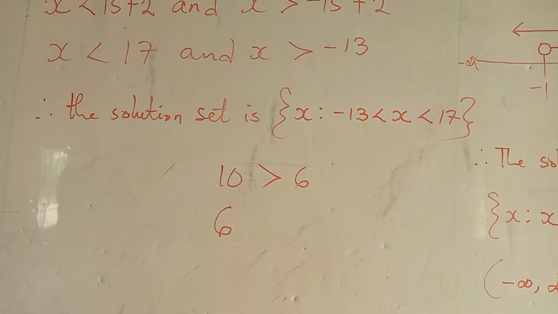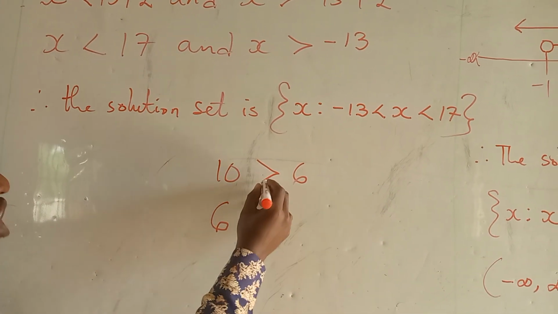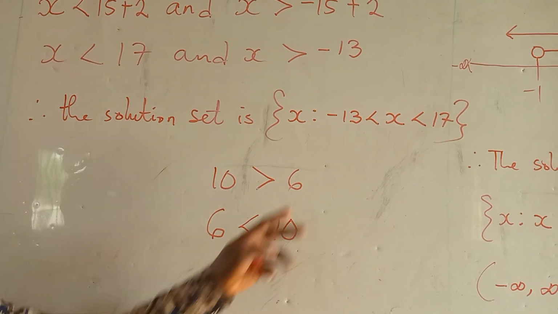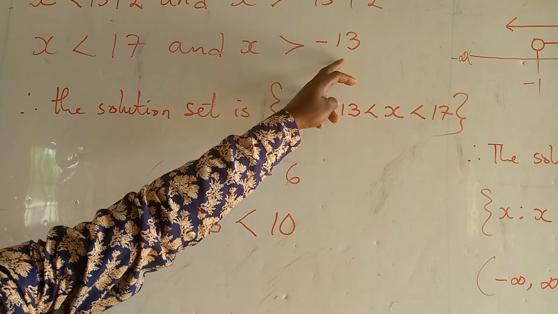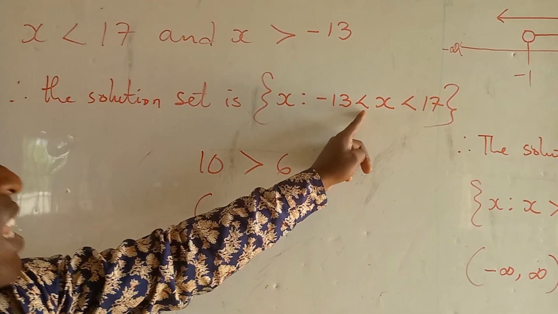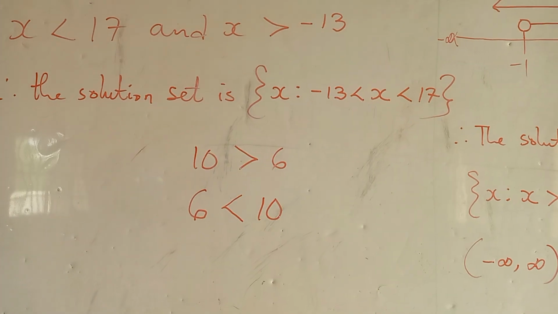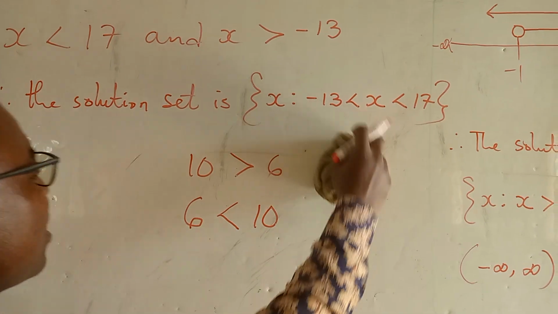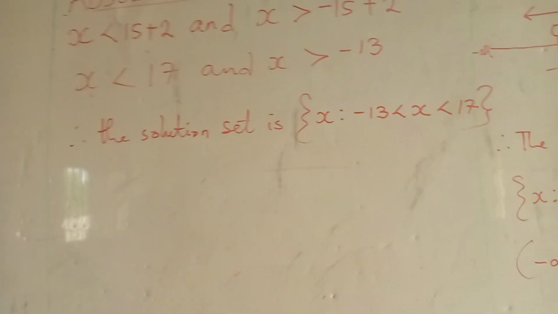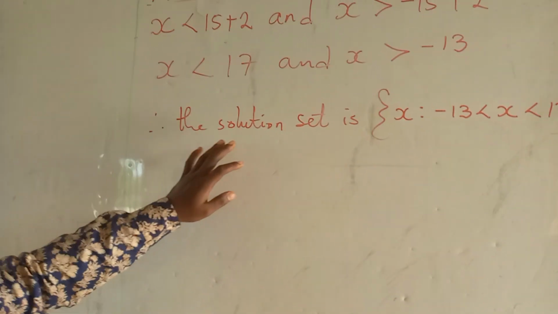Of course, no. So if I write 6 first, this will now change to 6 is less than 10. So that's what happens here. X is greater than minus 18. If I write minus 18 first, the sign will change to less than. So minus 18 is less than x. That means that is the solution to question number 6.